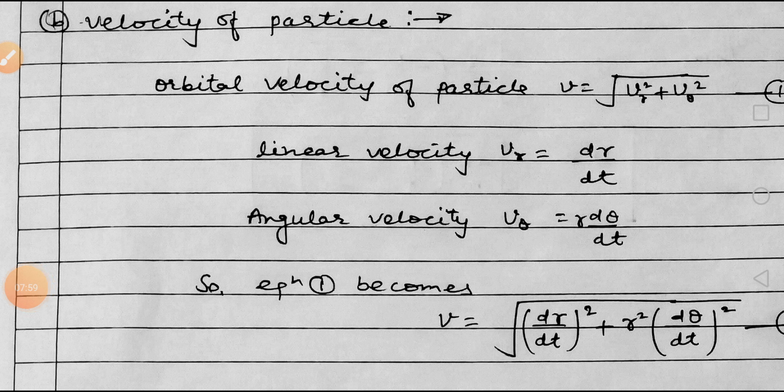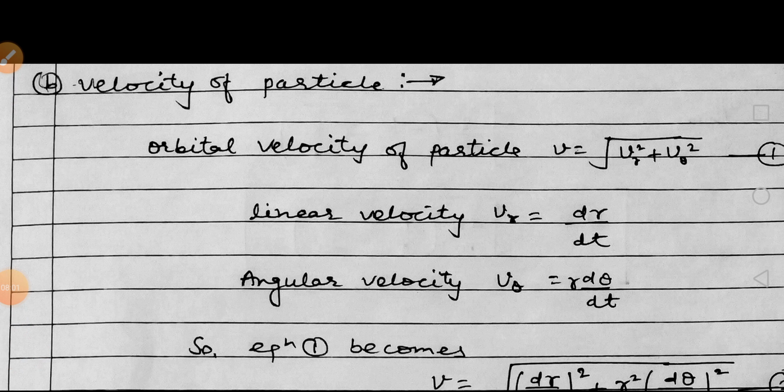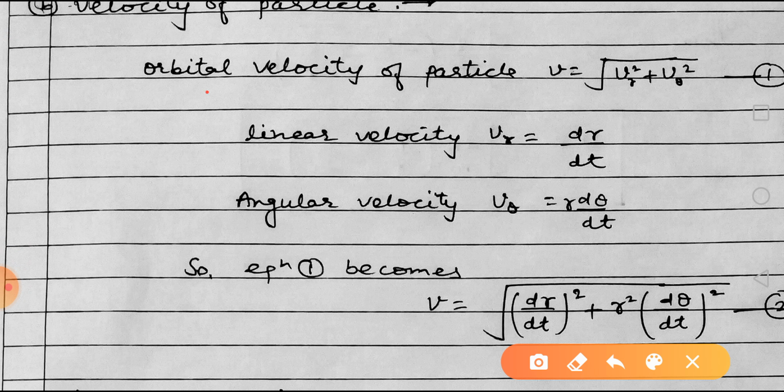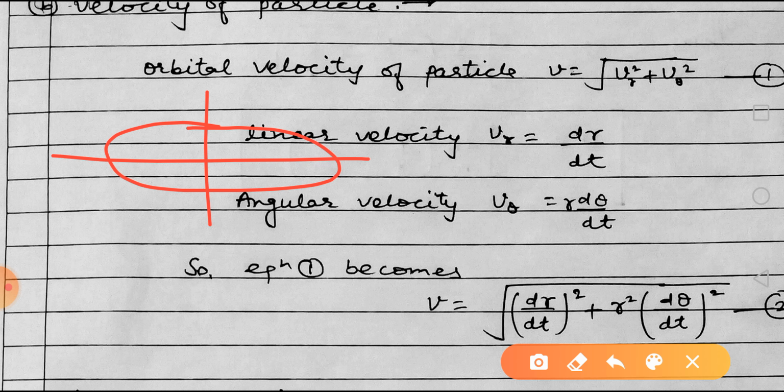Now second is velocity of the particle. If a particle or planet moves in an elliptical path, then it has linear velocity and angular velocity both.